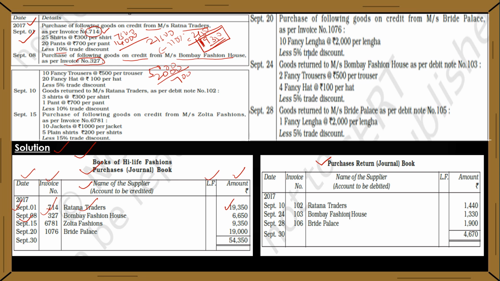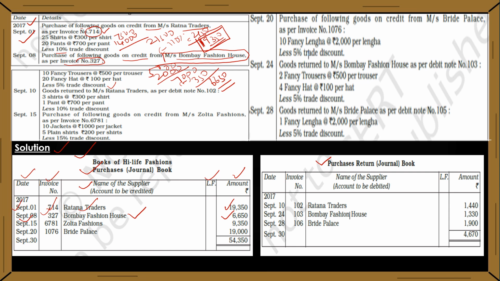Total comes to 7,000. Less 5% discount. 5% of 7,000 is 350. So the net amount is 6,650. Messrs. Bombay Fashion House is the supplier, and the net amount is 6,650, which we are taking to the purchases journal book.